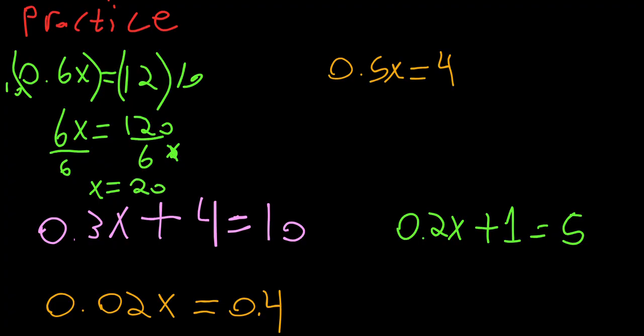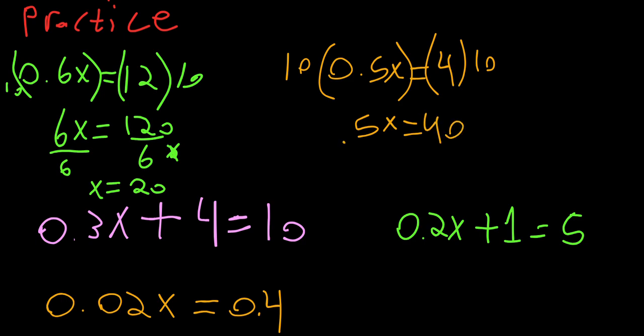X equals 20. All right, we're going to go over to this top right over here. We're going to multiply both sides by 10 to get 5x equals 40. Divide both sides by 5 to get x equals 8.